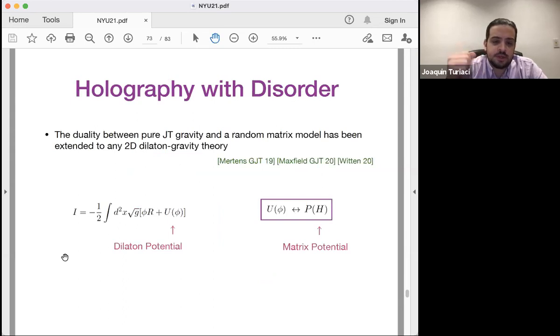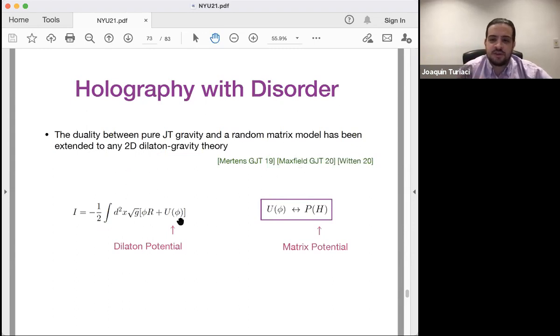So one thing I did in last years was to try to understand this better, since it's a very interesting result. So what we did in this paper with Maxfield and some independent work by Witten, and also building on something we did previously with Thomas Mertens, we extend this to any theory of pure 2D dilaton gravity. Now, there is one function worth of 2D dilaton gravities given by something called the dilaton potential, which in JT is linear, but it could be any function.